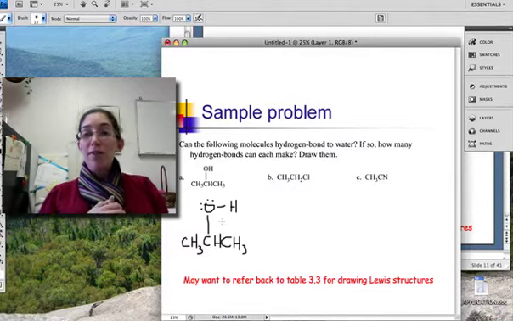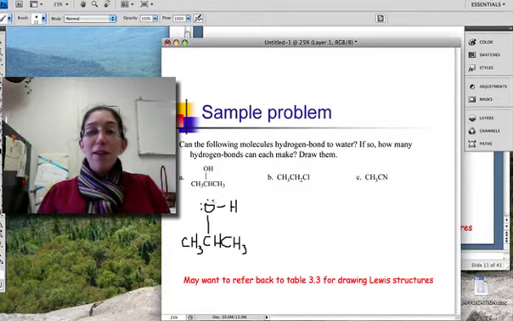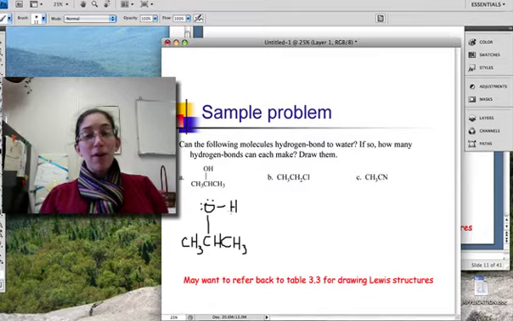Is it a hydrogen bond donor, a hydrogen bond acceptor, or both? It would be both. It has the hydrogen that's attached to an oxygen, so this hydrogen would be a hydrogen bond donor, and the oxygen with two lone pairs can be a hydrogen bond acceptor. So this one can be both a hydrogen bond donor and a hydrogen bond acceptor with water.